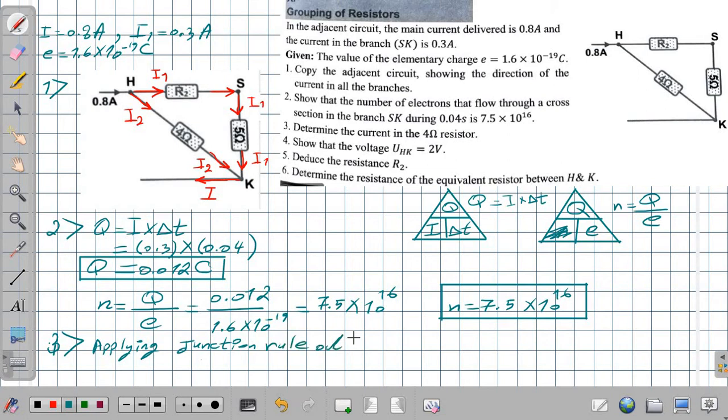At which point? We can use point H or K. At point H we will get that. Let's write down the rule used. I in is equal summation of I out.